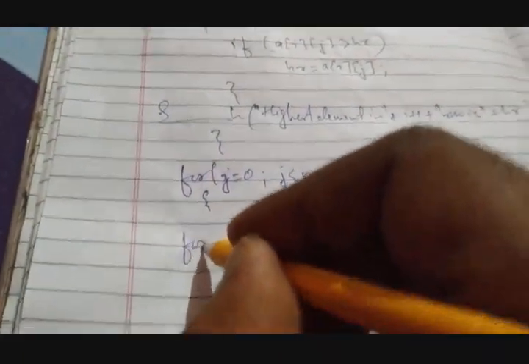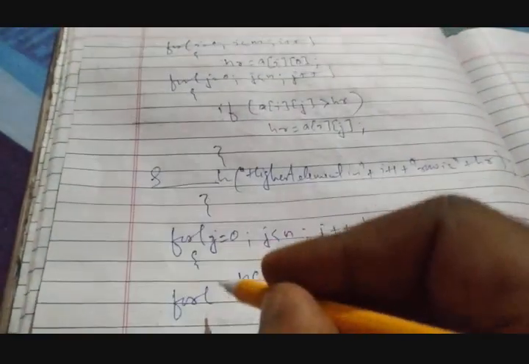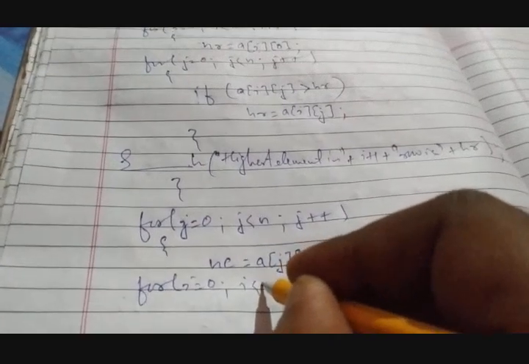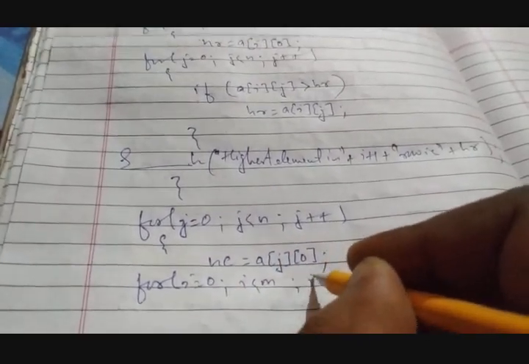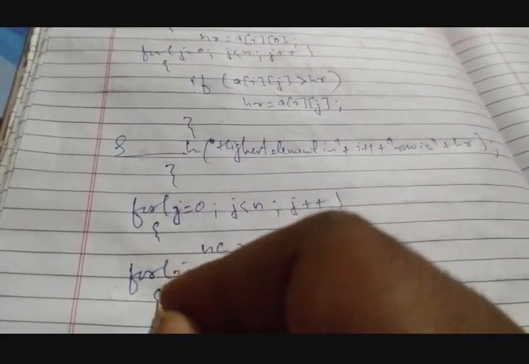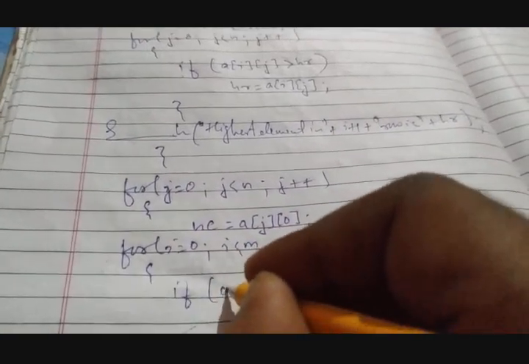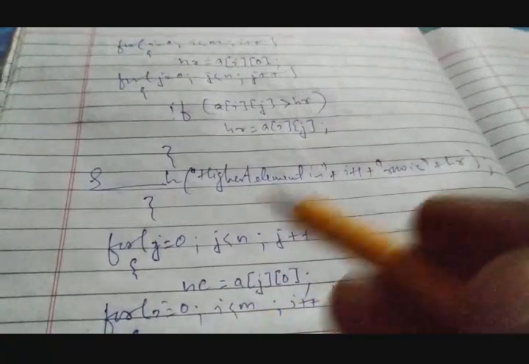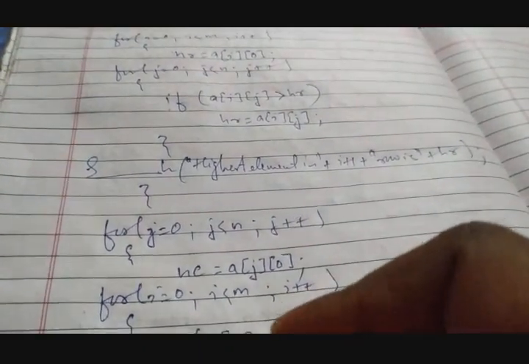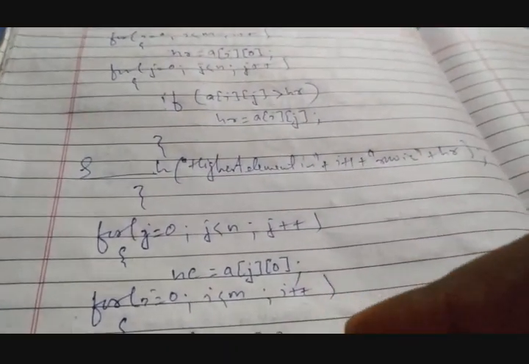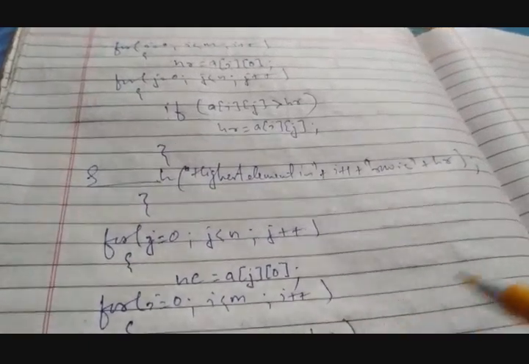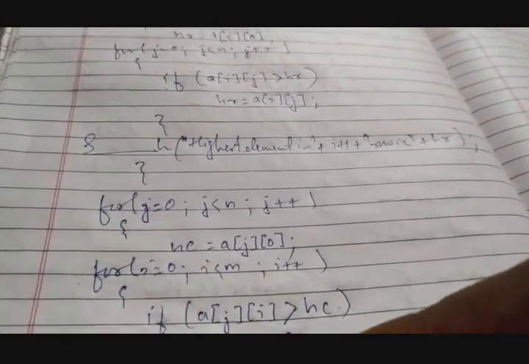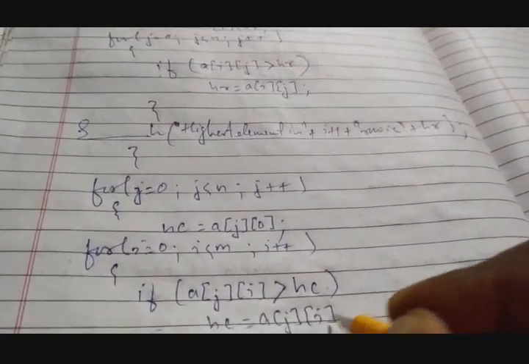So now write the loop for i equals 0, i less than m, i plus plus. If the element picked, which element picked, not i j, right, here A of i j, is greater than HC, then HC equals A of i j.